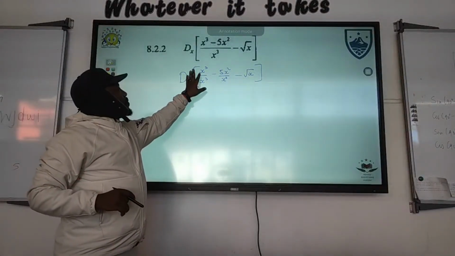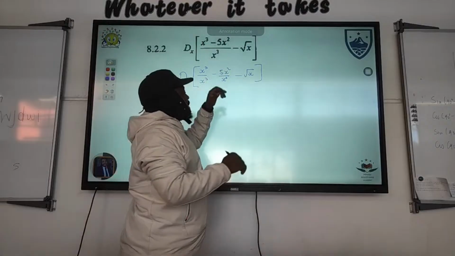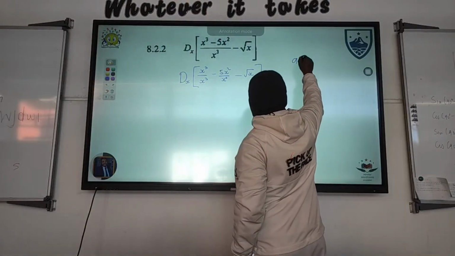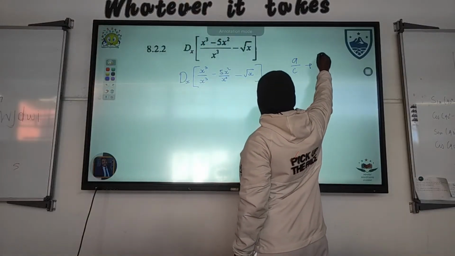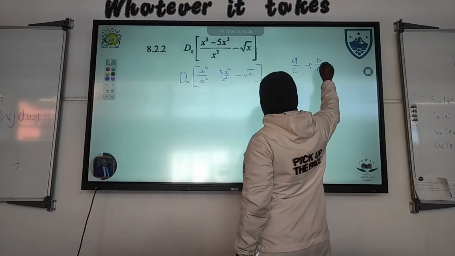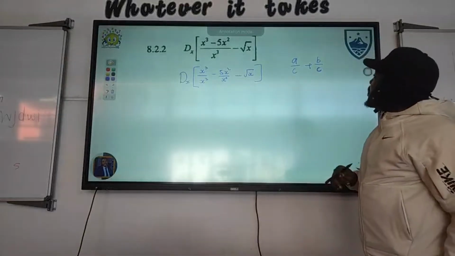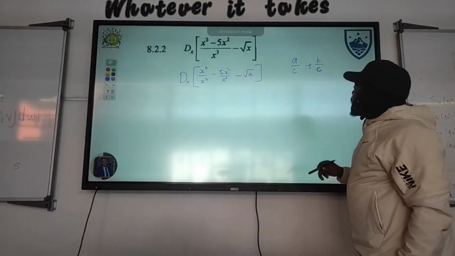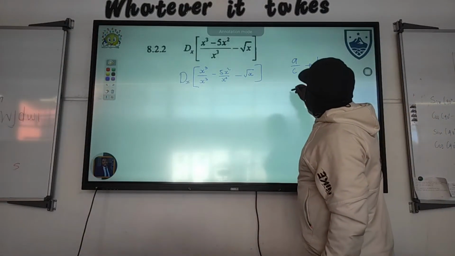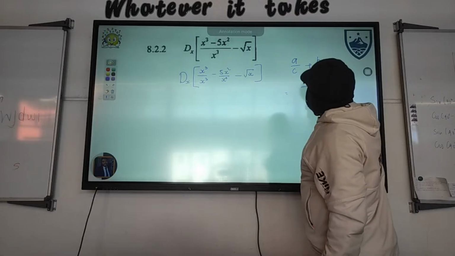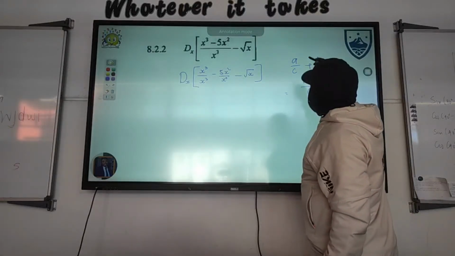Remember we said if somebody has a over c plus b over c, the fact that these two fractions have the same denominator means you keep the denominator and add the numerators depending on the sign.